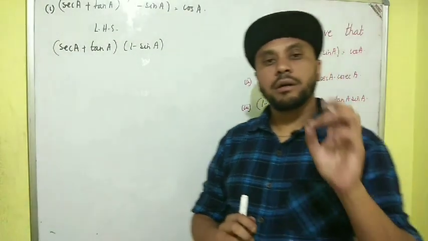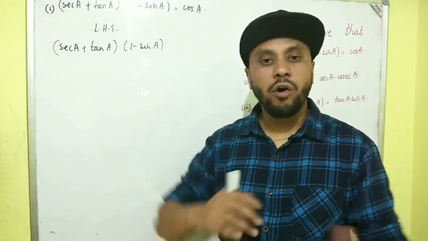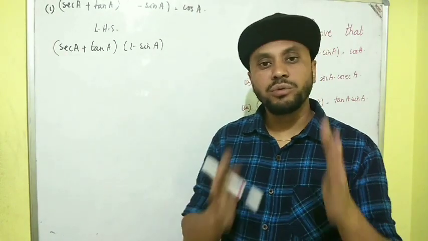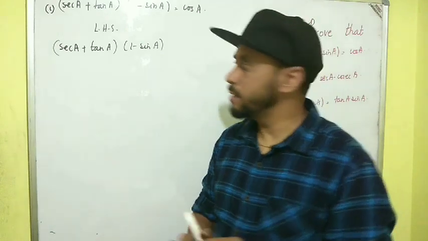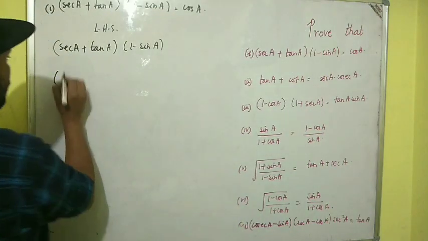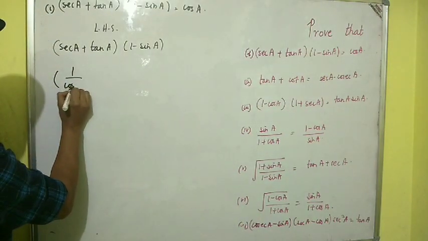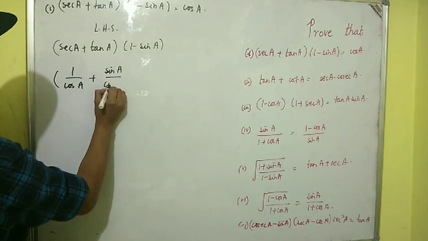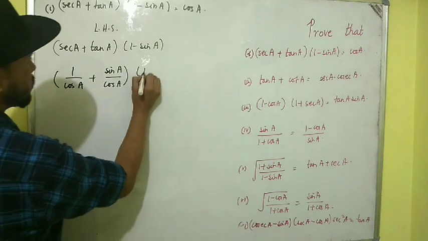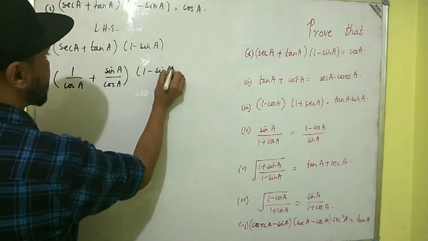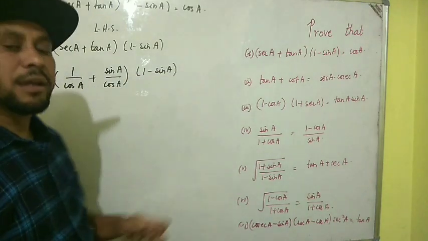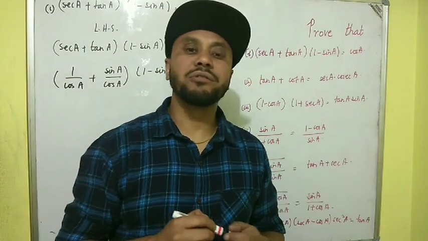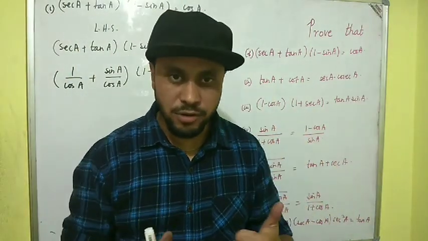An important note: always try to convert all the trigonometric ratios into sine and cos. So sec we can convert into 1 by cos, and tan into sine by cos. Sine we'll keep as it is. Repeating once again, try to convert all the trigonometric ratios into sine and cos.